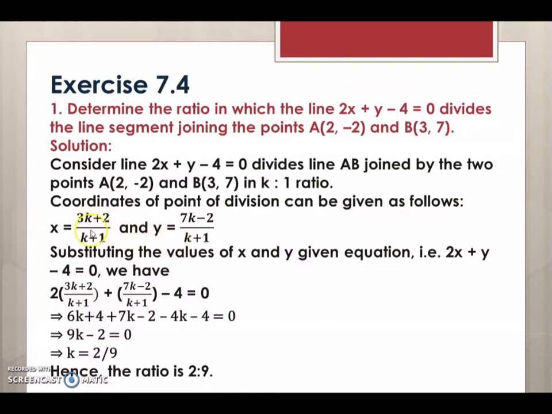So if I substitute this x coordinate in place of x and this y coordinate in place of y, then the equation must be satisfied because this point lies on this line. That is what I have done in the next step.